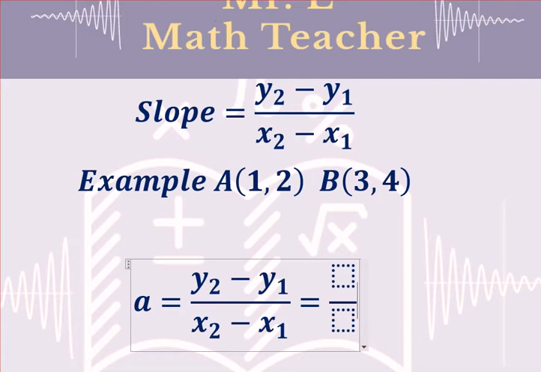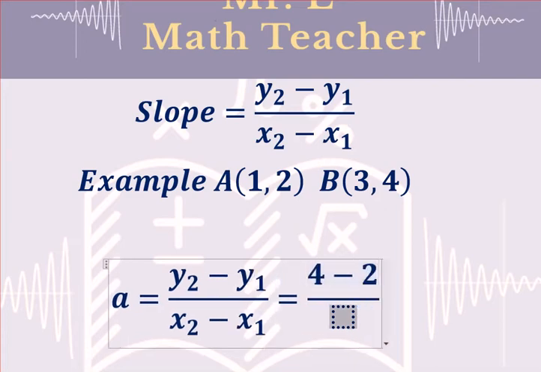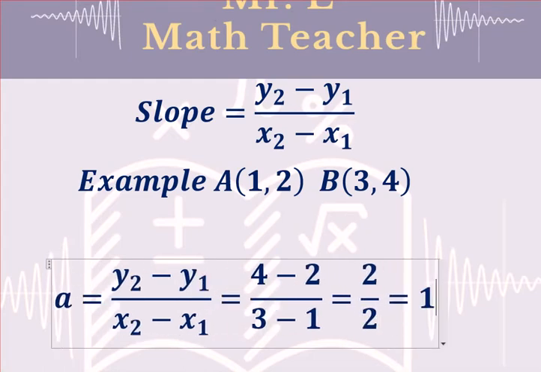So y2 is 4 here, y1 is 2, so 4 minus 2, x2 is 3, and x1 is 1. So it will give (4 minus 2) over (3 minus 1), and so it's 2 over 2, so it's equal to 1. So the slope of our line AB is simply 1.